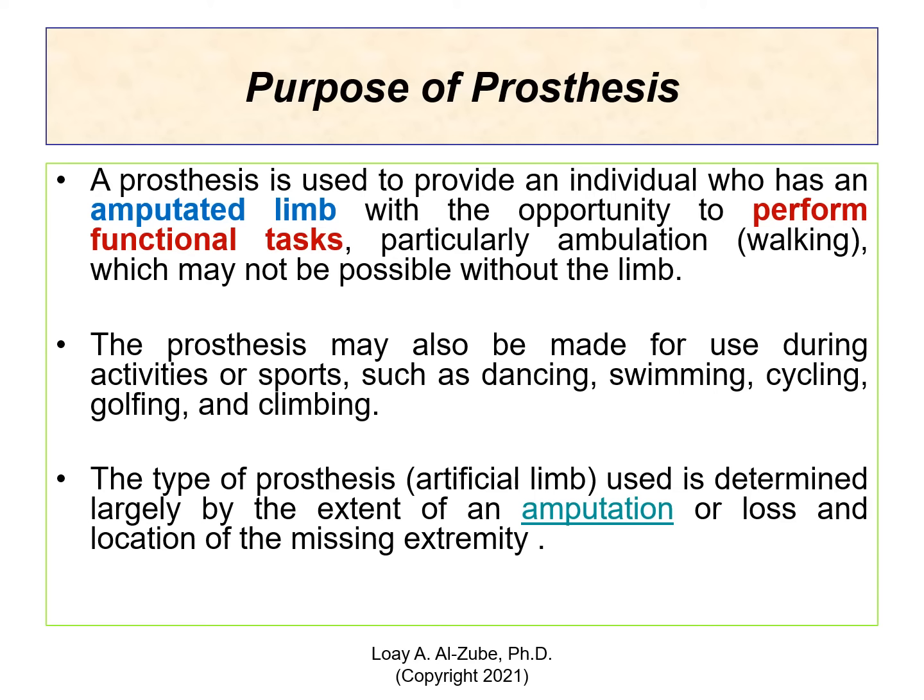And the last thing, the type of prosthesis used is determined largely by the extent of amputation. And who determined this? The physician. We come secondary. So after the surgery is completed, based on the clinical situation, then we get involved. So the extent of the amputation and the location of the missing extremity affects our job largely. It's very, very important for us.